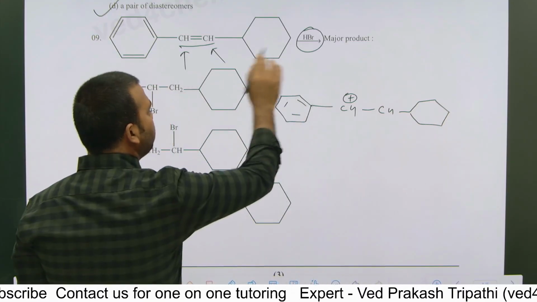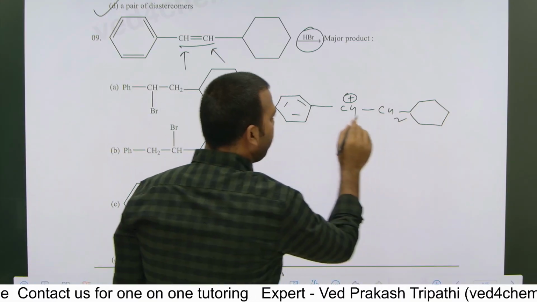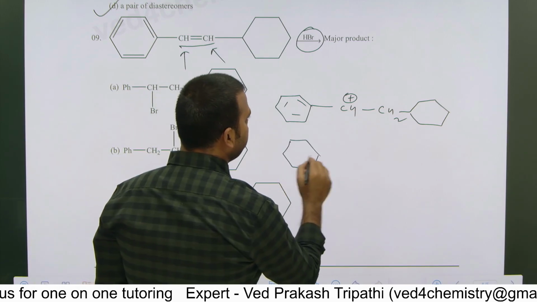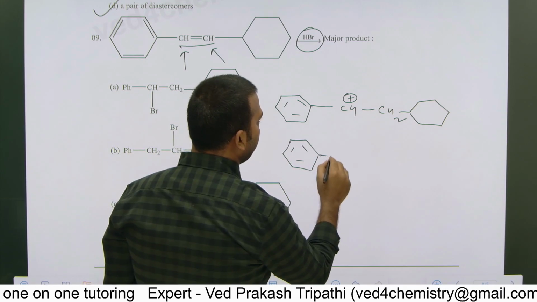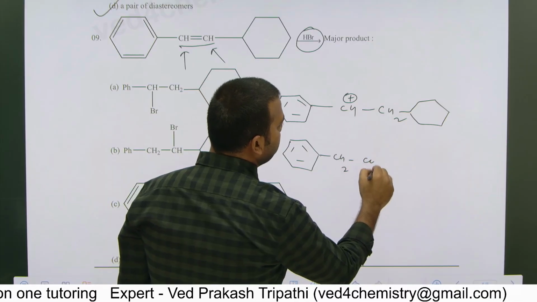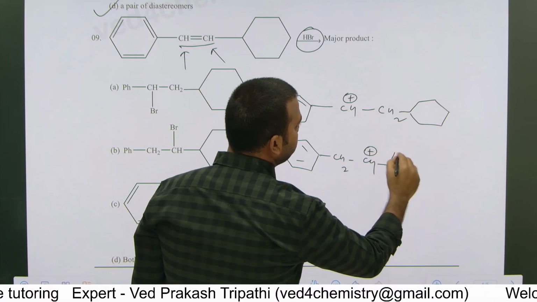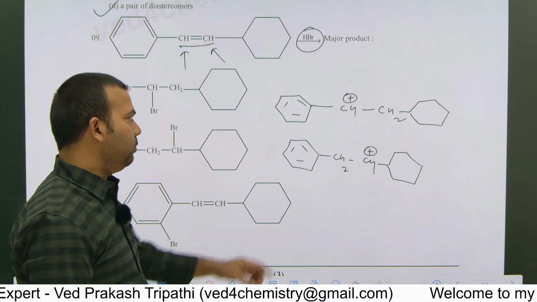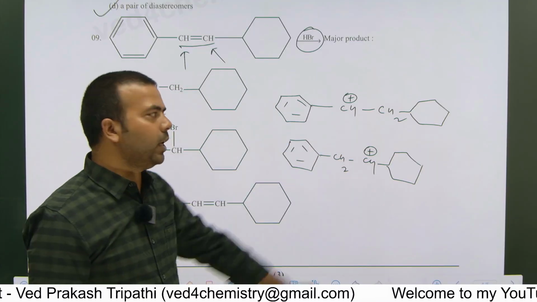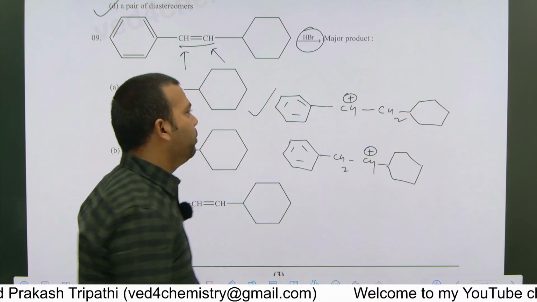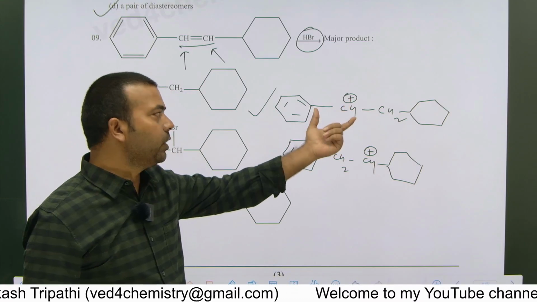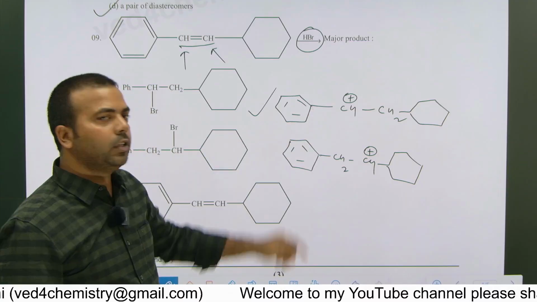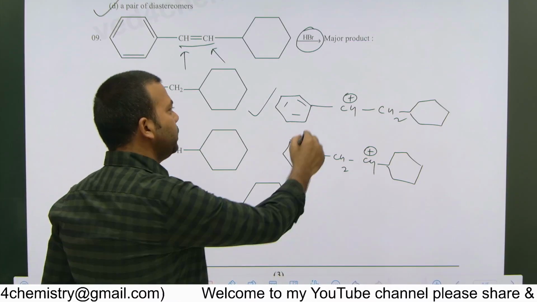After attack of H, this CH becomes CH2 here if the carbocation is on the benzyl carbon. The second possibility, this is CH2 and this time this is CH plus, like this. Out of these 2 carbocations, the first one is the stable carbocation because the positive charge is on the benzyl carbon, which is in resonance with the benzene ring, so this one is more stable.